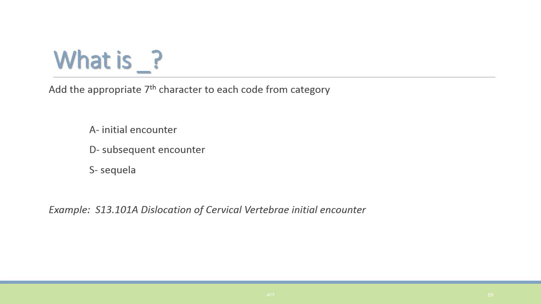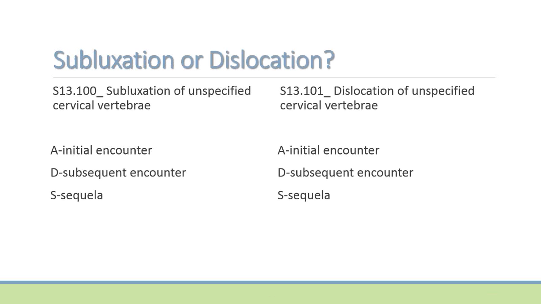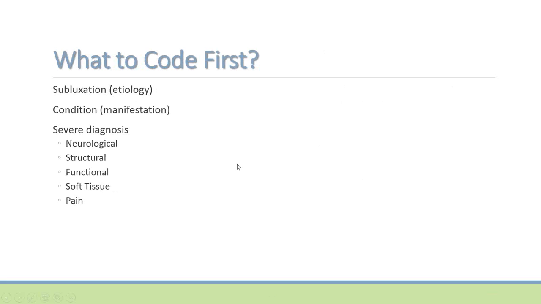So I'm going to recommend that you use D, subsequent encounter. So again, whenever you see the underscore in the seventh character, the initial encounter will have an A. On subsequent visits, that'll be changed to D. And that is called an episode of care. And you'll see that the code book will give you the instructions to do that.